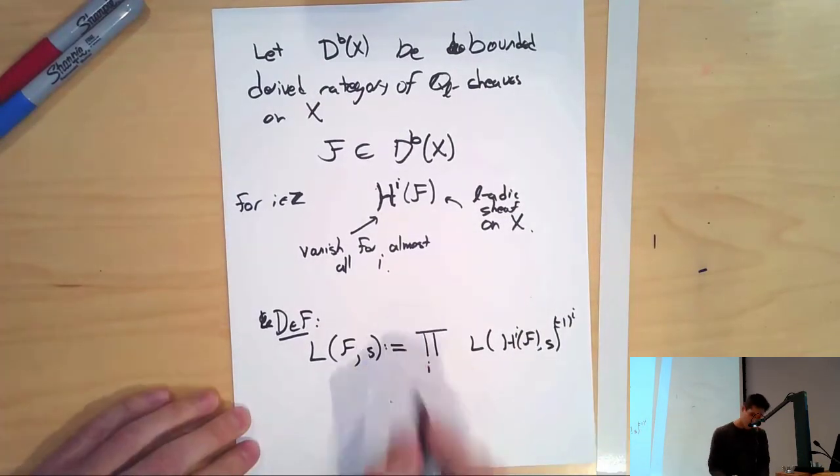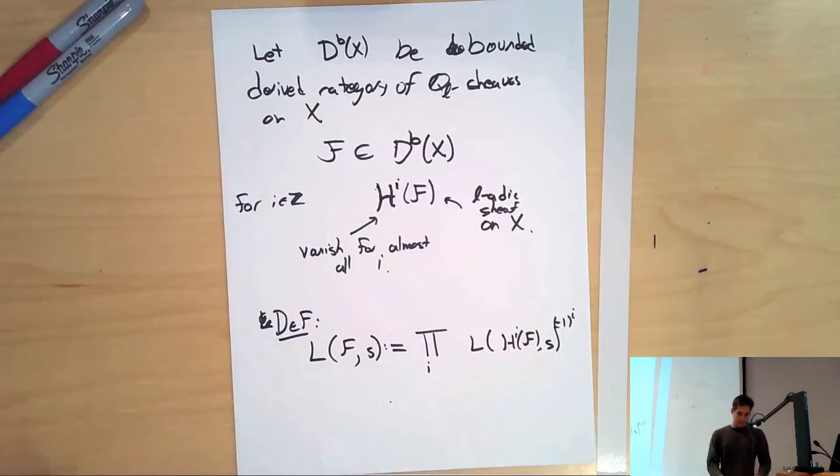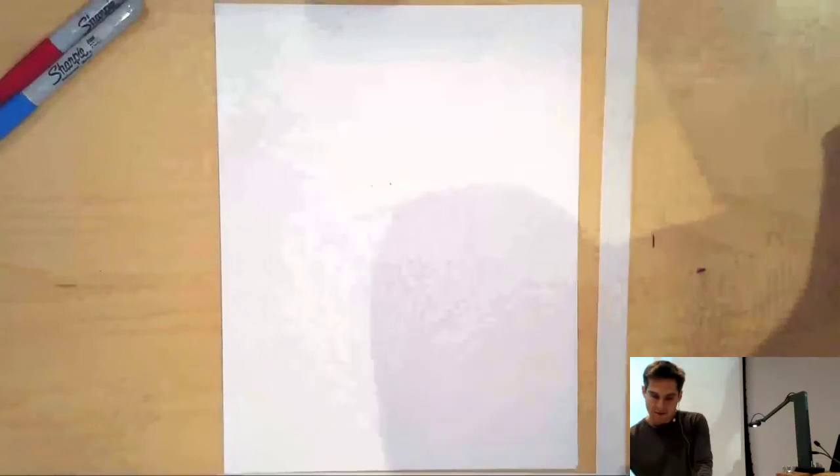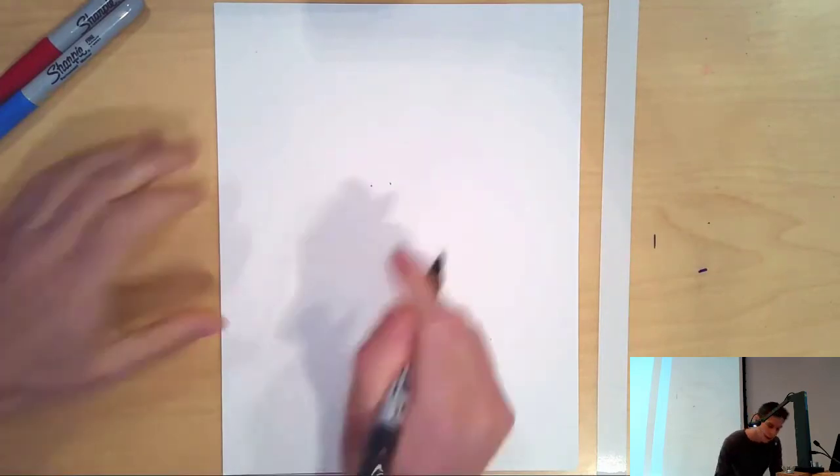So that's a definition, and again, there are two versions. Let me just write them out so that we have them for later. Depending on whether I take definition 1 or definition 2 as my definition of the L function of an l-adic sheaf, I get two different descriptions of what I mean by the L function of a complex.